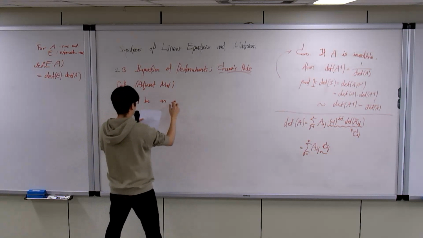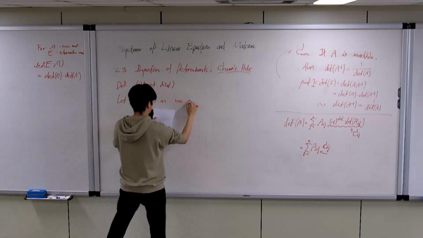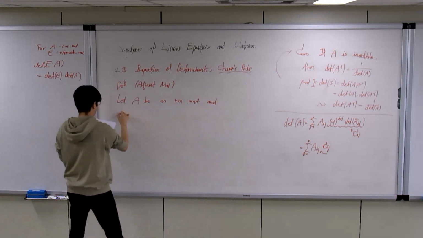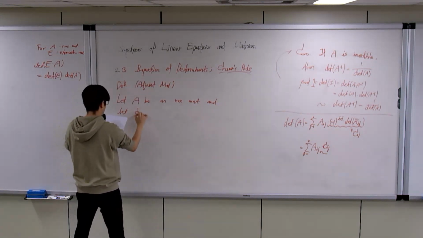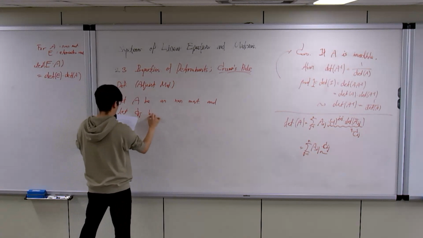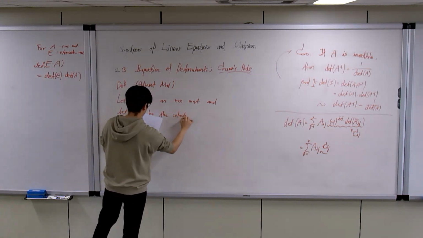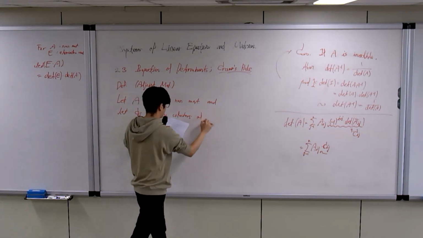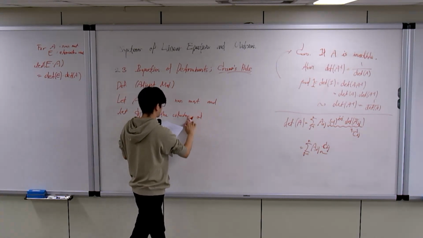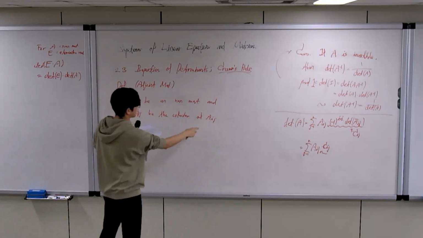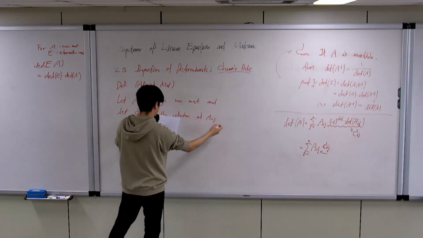Let A be an n by n matrix, and let Cij be the cofactor of Aij. This is an entry of the ith row, jth column.